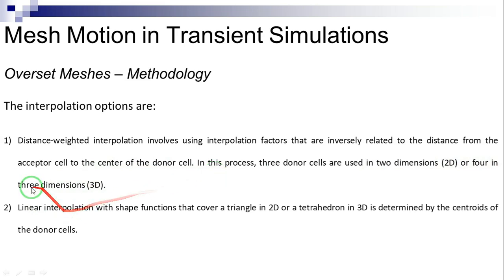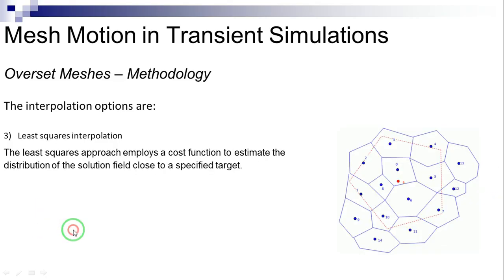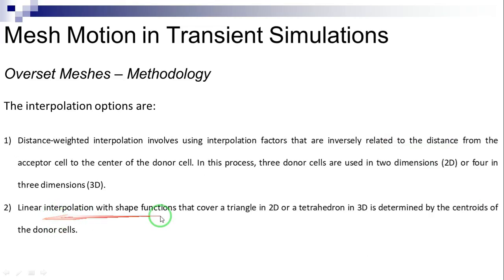Second, linear interpolation with shape functions that cover a triangle in 2D or a tetrahedron in 3D is determined by the centroids of the donor cells. This option offers greater precision but also comes at a higher cost. In simulations that utilize moving meshes, it is crucial to prevent the interpolation elements from overlapping.